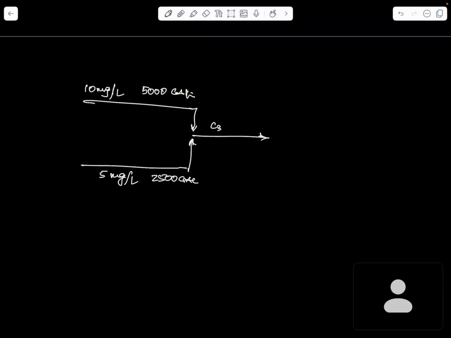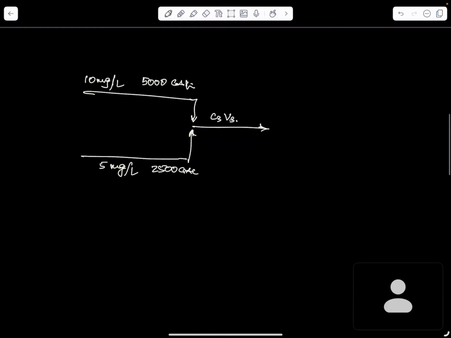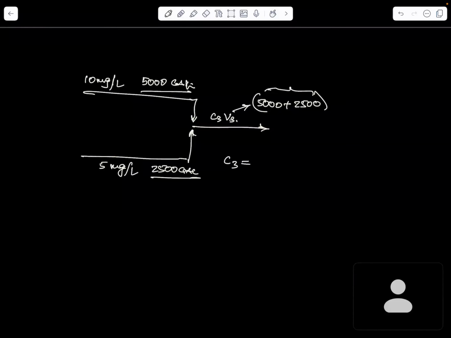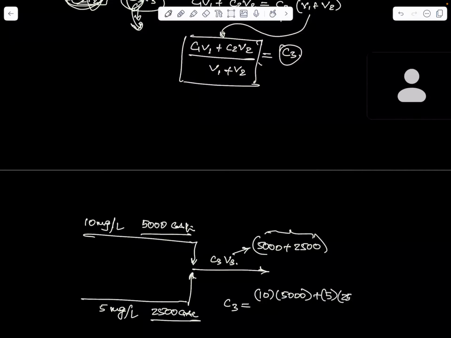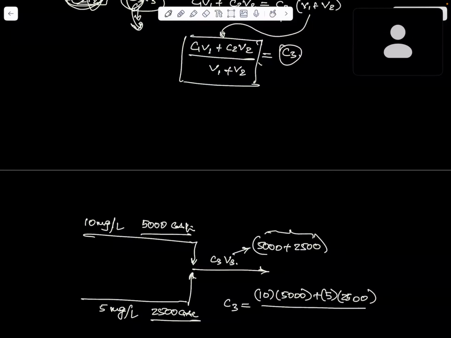So this is my C3V3. And I know my volume 3 is going to be 5,000 plus 2,500. So if I want to find the concentration C3, I'll use this formula, C1V1 plus C2V2, so basically 10 times 5,000 plus 5 times 2,500, divided by 5,000 plus 2,500.